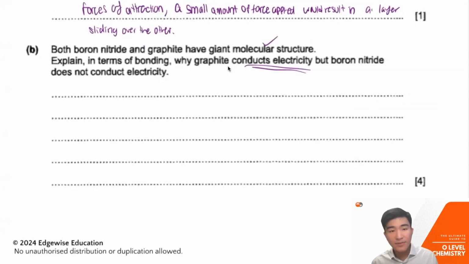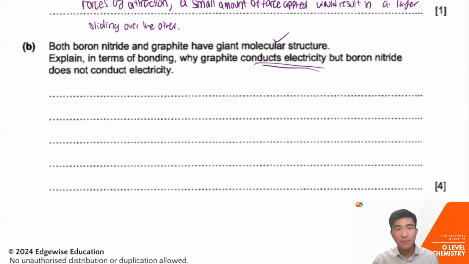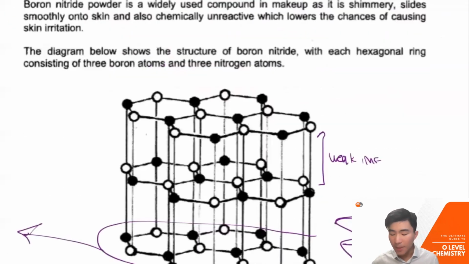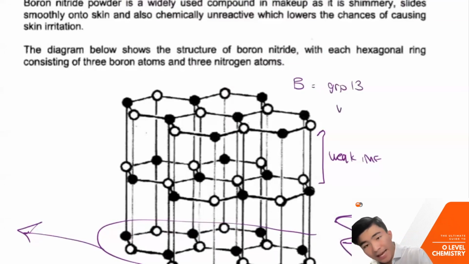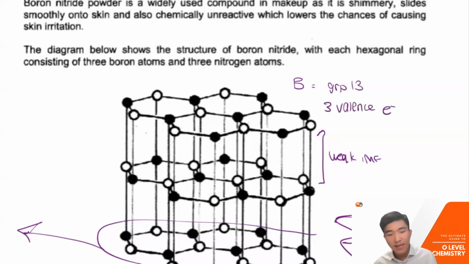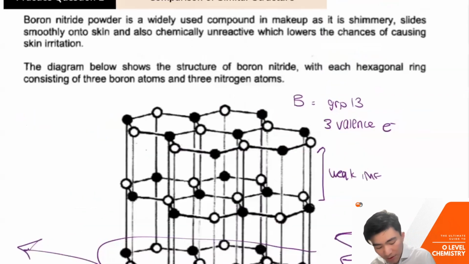So hence, with that understanding, how will the explanation go? Now, boron is in group 13. If you open your periodic table, you realize that boron is in group 13. Means they have 3 valence electrons. Now, let's say these atoms is boron. They form 3 bonds, right? 3 electrons to form 3 covalent bonds.